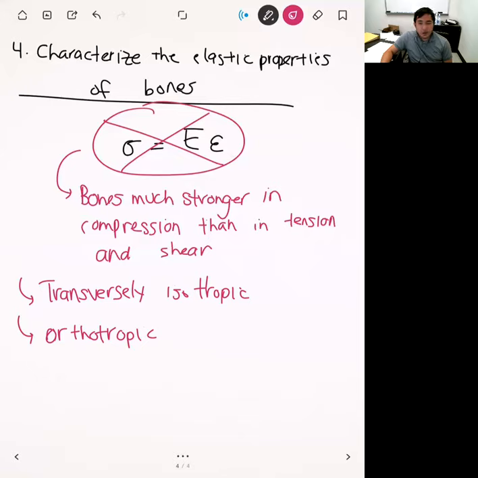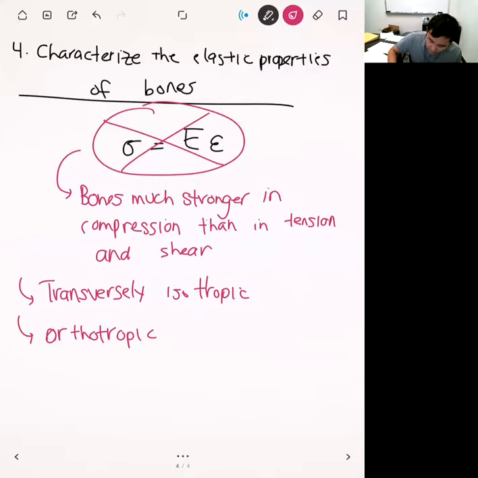So finding the perfect material model for bone is, believe it or not, still an ongoing area of research, and I think we'll continue to research that for the foreseeable future. That's what I mostly wanted you to get from the elastic properties. Of course, I'm skipping over the details of these material models, but I'll leave that to you to study on your own.